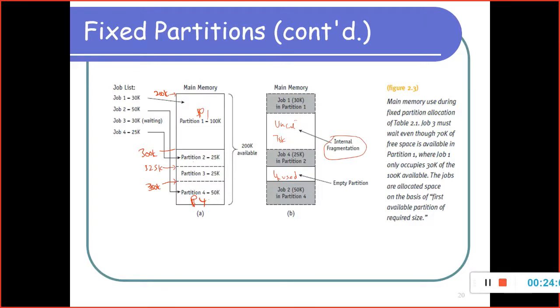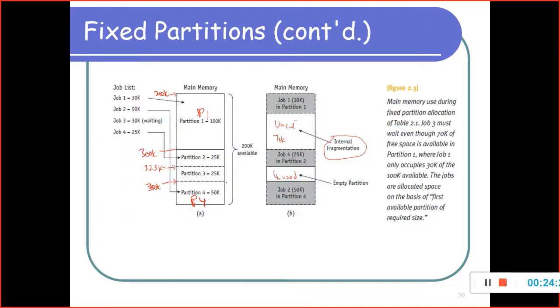For partition 3, it is unused because job 3 is 30K and cannot fit 25K. This is not internal fragmentation, but it is still a waste of space, a waste of a memory block. So this is a fixed partition.